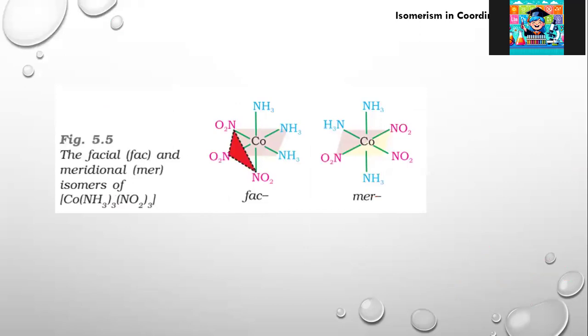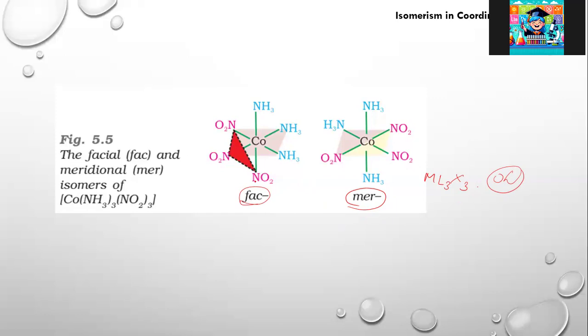Now there is another kind of cis-trans isomers known as fac and mer isomers. Here the complex is of type ML3X3. Octahedral complexes of this type will show an isomerism in which one is called fac, and the other is known as mer.